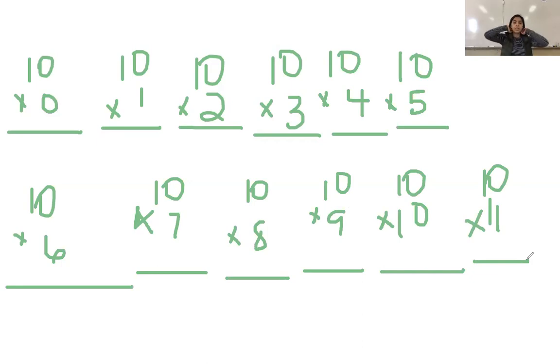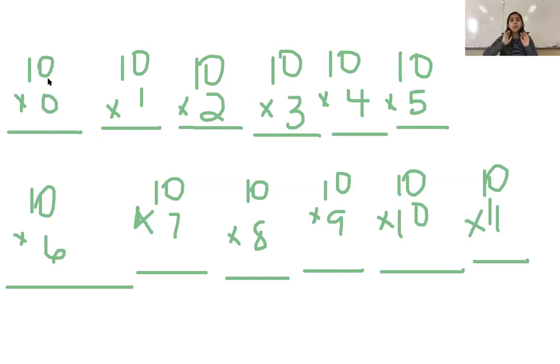Okay, so let's see what the pattern is. So 10 times 0, it's saying you have 0 groups with 10 in it.